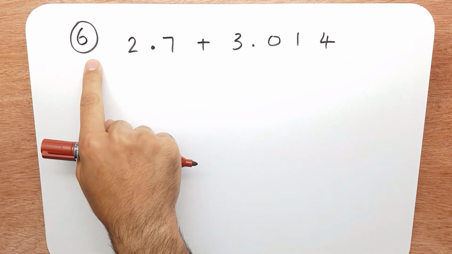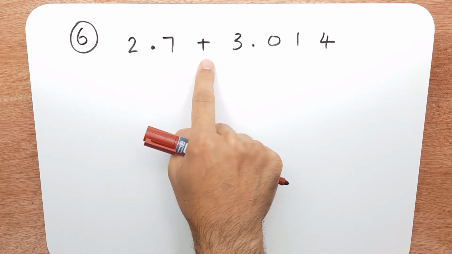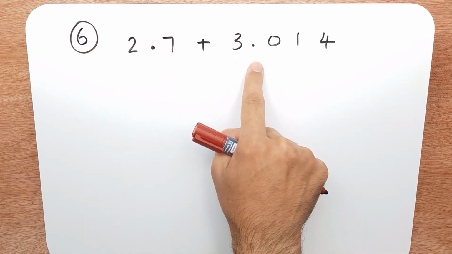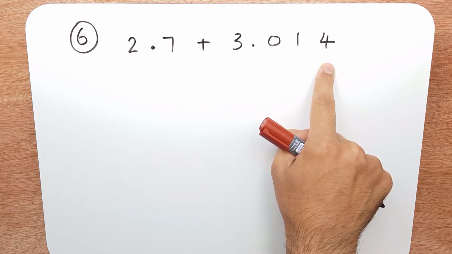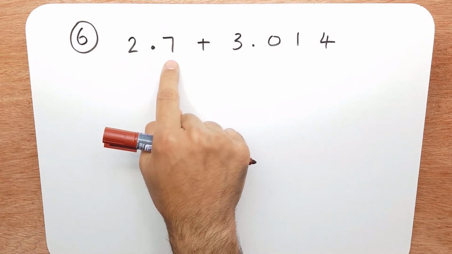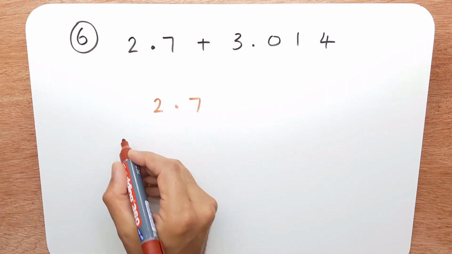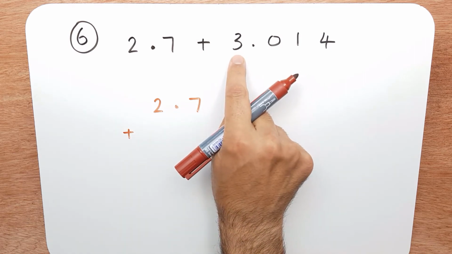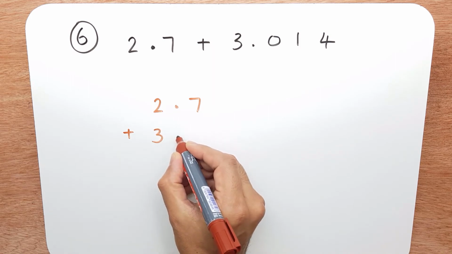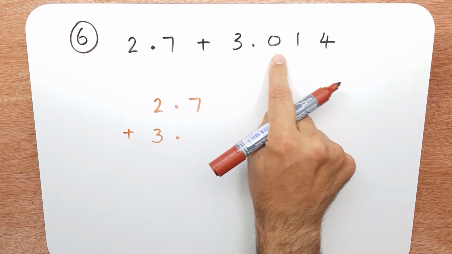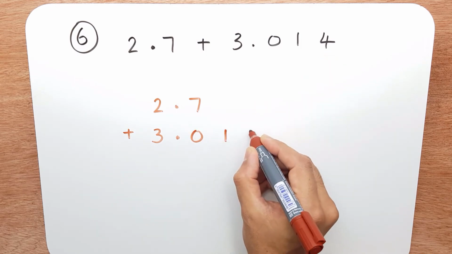Question 6, we're given 2.7, add 3.014. So let's write this number 2.7, add, and then this 3 has to go in the ones column, decimal point, and now 0, 1, 4.